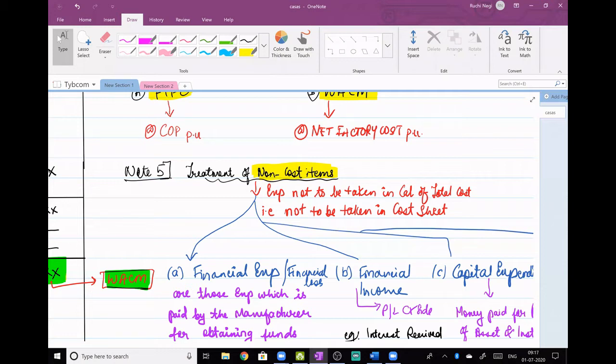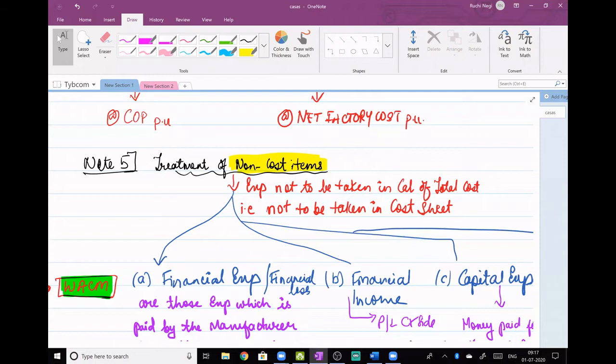Now CAS 1 also says there are certain items which are not cost, so non-cost. Write down: expenses not to be taken in calculation of total cost are called non-cost. The actual definition is a bit lengthy, but I want you to understand it in a nutshell for solving sums.